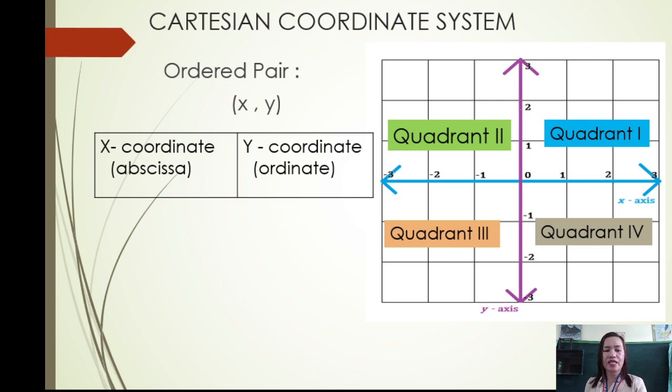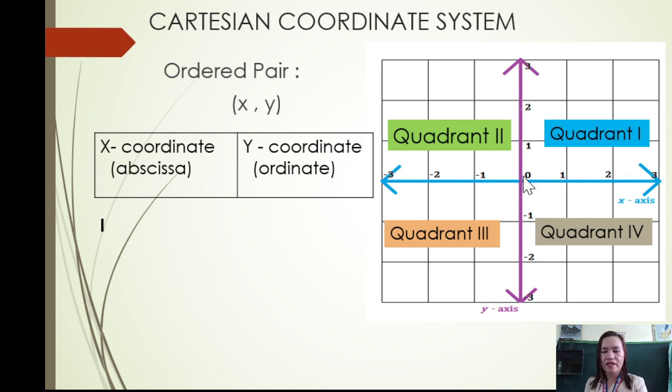Now let's proceed to the signs. How will you know that the given ordered pair lies in quadrant 1, quadrant 2, quadrant 3, or quadrant 4? Let's focus on quadrant 1. Remember, in an ordered pair, x comes first. We identify the sign of x.